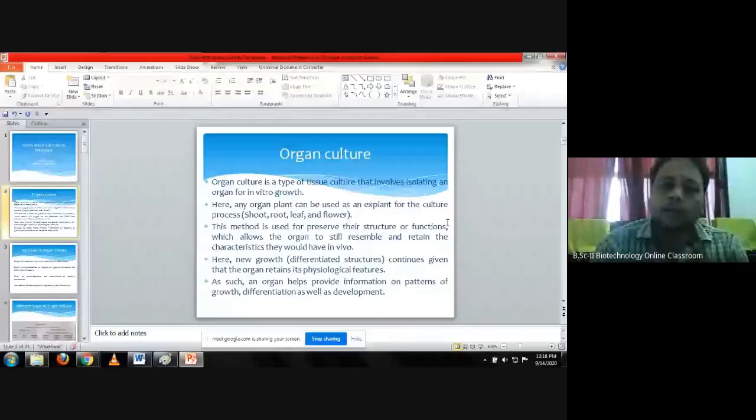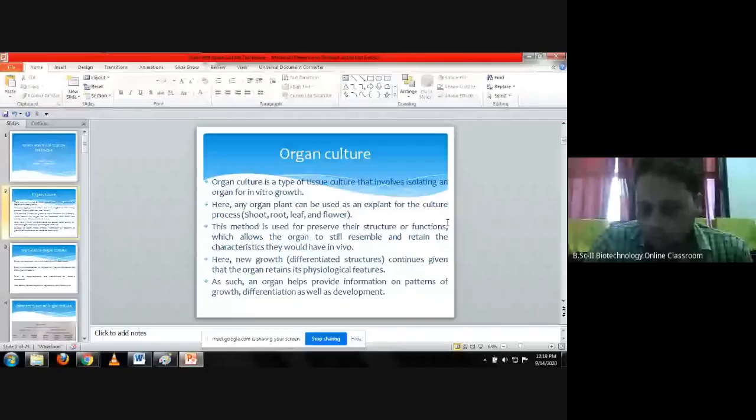Here any plant organ can be used, for example shoot, root, leaf and flower. In this method, we preserve the structure and function. Structure means the morphology of that organ, and function is what it carries out. For example, a leaf will carry out photosynthesis. If there is an ovary, there will be development of zygote.